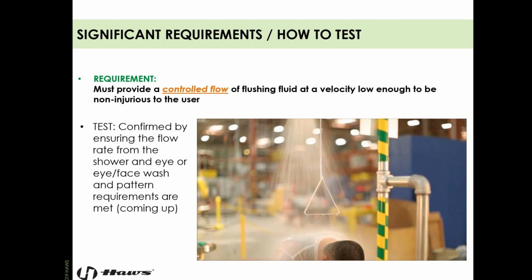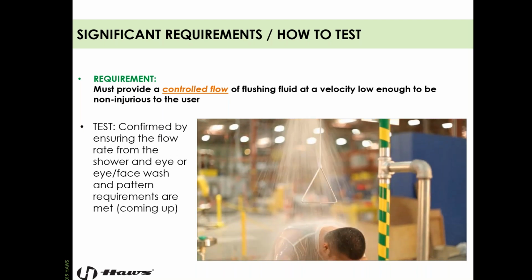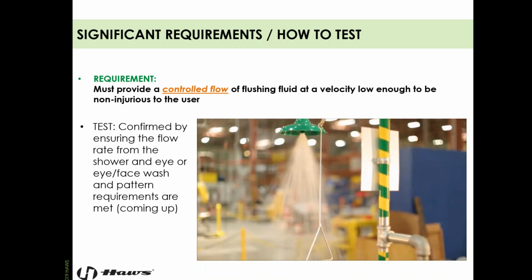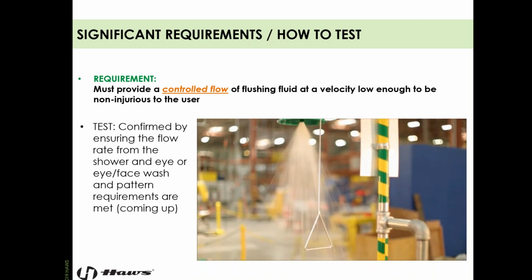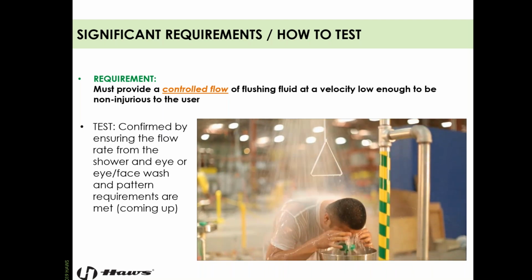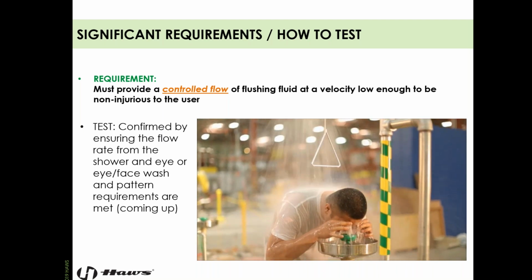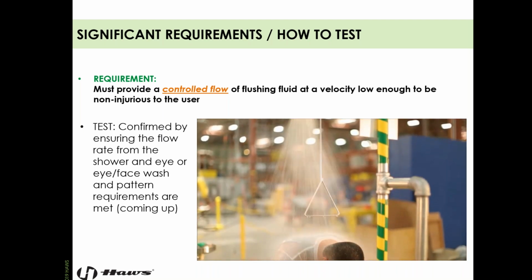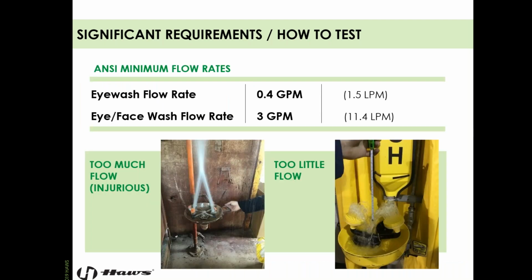That's going to hurt badly. So a gentle flow, something that's distributing the water evenly, like you see here in the photo, is really ideal. Think about victim comfort, right? You can confirm this by ensuring that the flow rate for the shower and the eye wash or the eye face wash and pattern requirements are completely met. And I'll explain how to do that further.